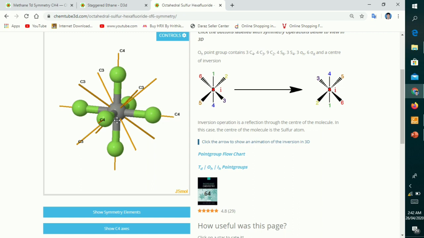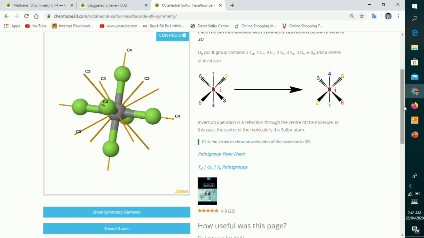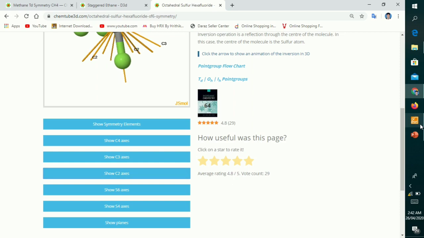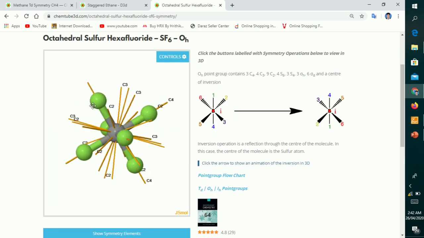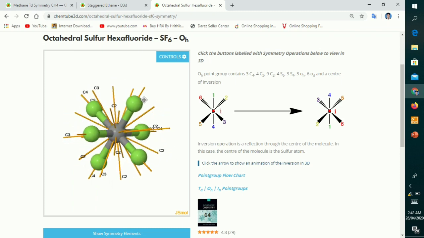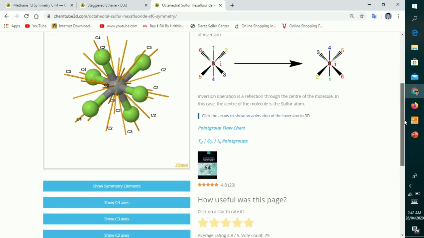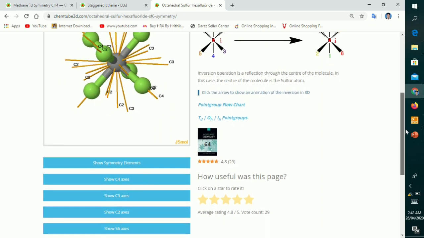There are so many, 8 C3 axes. And what about the C2? Yes, here you can see this is the C2 axis of rotation in SF6. There are so many C2, almost 6 C2 present in SF6.